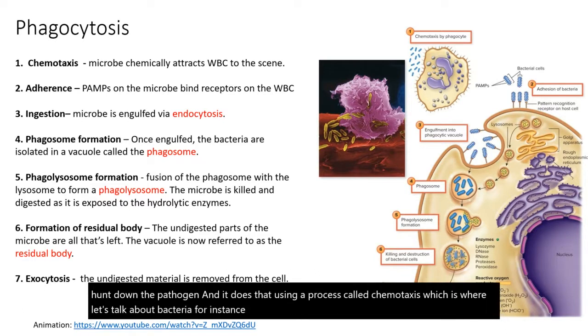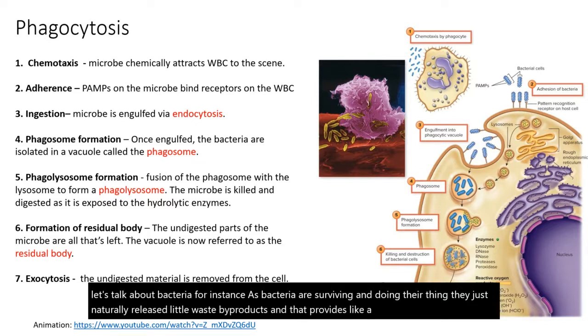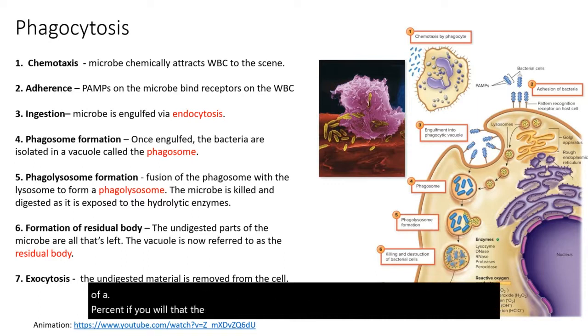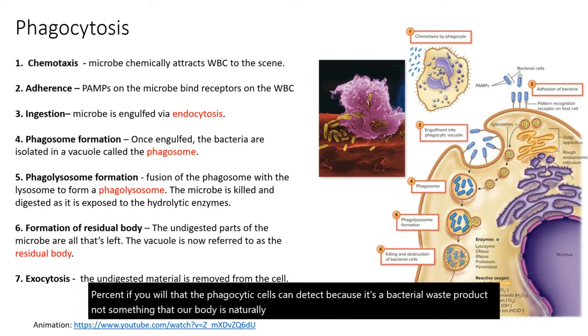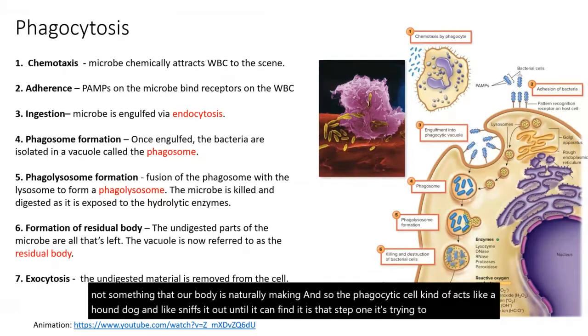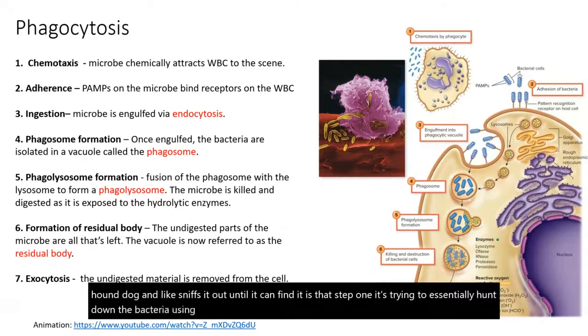As bacteria are surviving and doing their thing, they just naturally release little waste byproducts. That provides a chemical stimulant or kind of a scent, if you will, that the phagocytic cells can detect because it's a bacterial waste product, not something that our body is naturally making. And so the phagocytic cell acts like a hound dog and sniffs it out until it can find it. That is step one: it's trying to hunt down the bacteria using a process called chemotaxis.